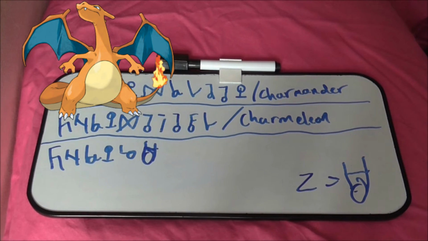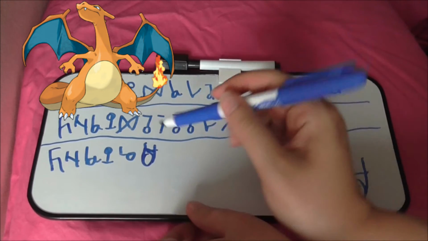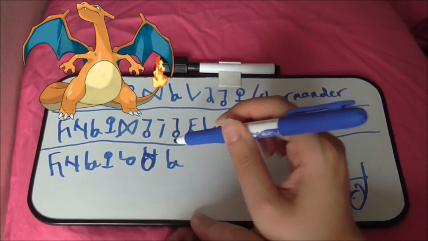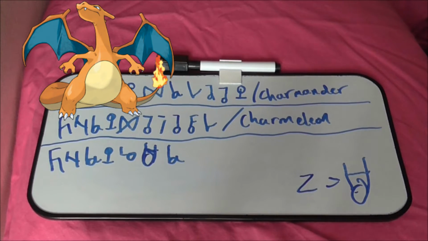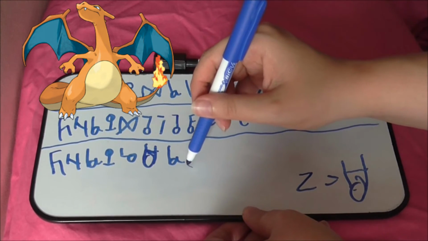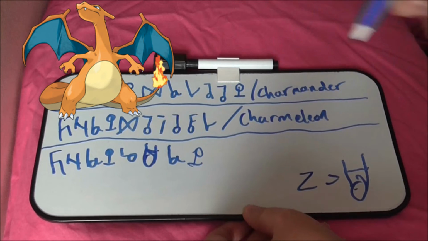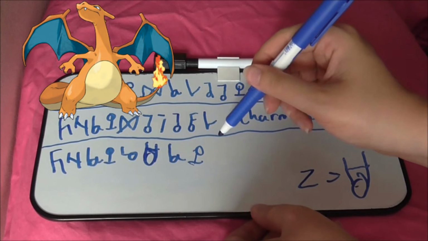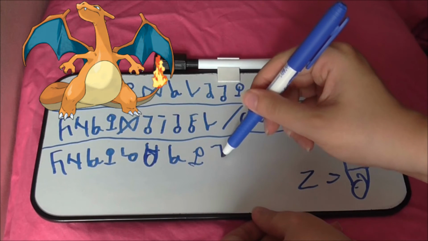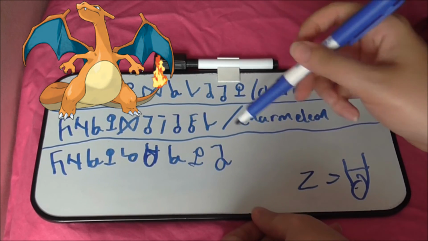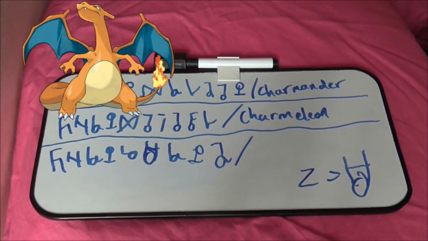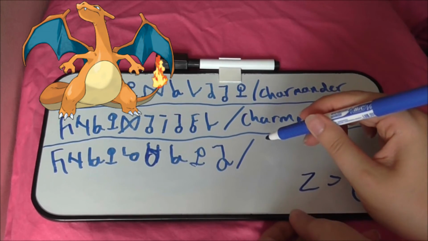So the next one after that is a A. Then we have a R. And then finally D. And that spells out to Charizard.